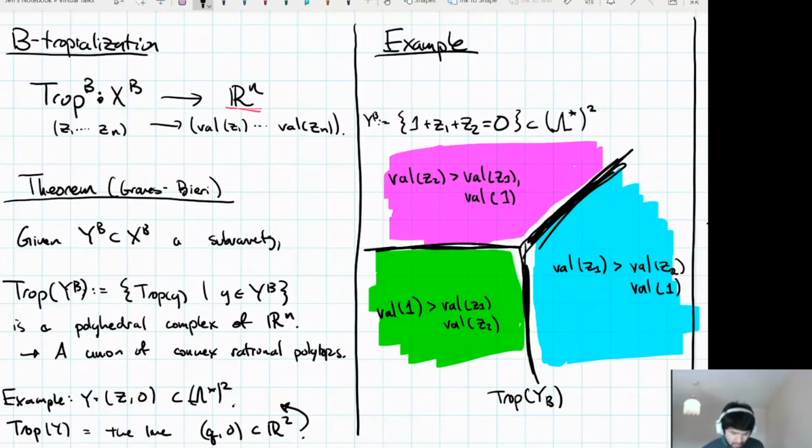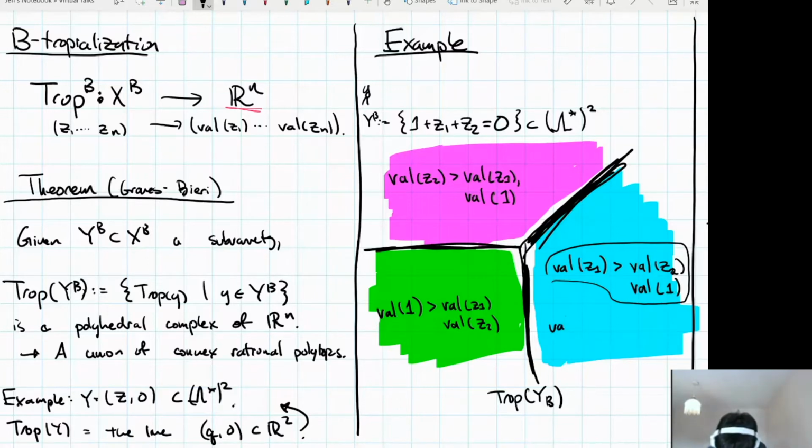And why does the projection of a point y inside of Y_B have to lie in the union of these three lines? Well, if it was to lie in this portion over here, then the valuation of the z1 coordinate would be bigger than the valuation of the z2 coordinate, or of 1. And therefore, the valuation of 1 + z1 + z2 would have to be the valuation of z1.